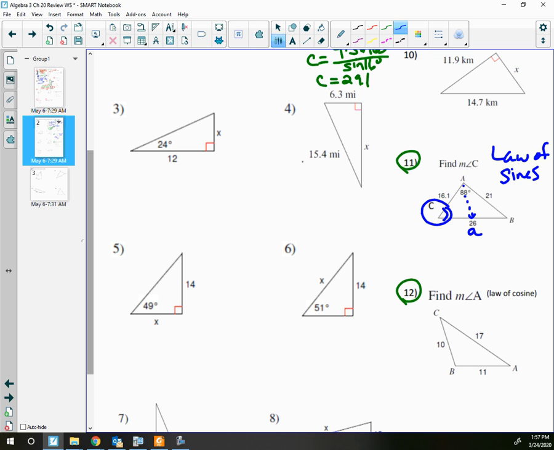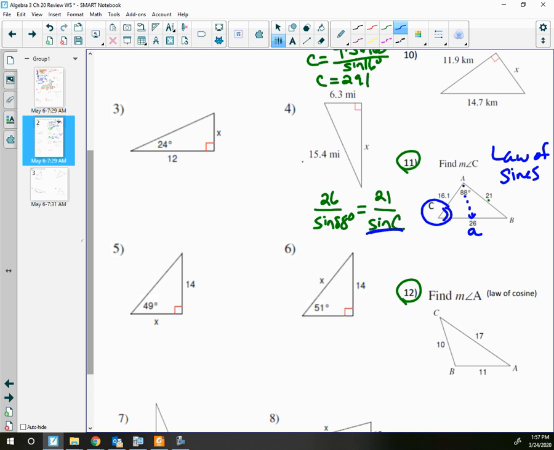So I'm going to help you set up the proportion and then see if you can go ahead and do the solving. So when we set up our proportion, I know 26 is to the sine of 88 degrees, so law of sines, as little c, 21, is to the sine of angle C. So I'm going to see if you guys can solve this one. So I kind of helped you get it set up, but we're going to cross multiply and divide, but then remember that's going to be sine of C.